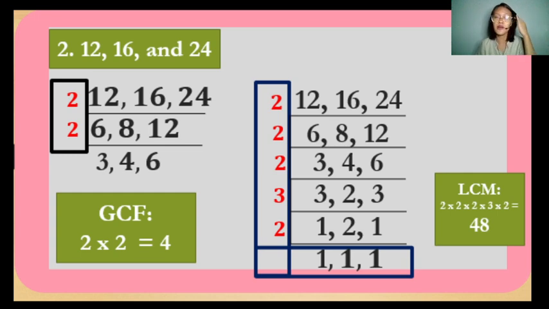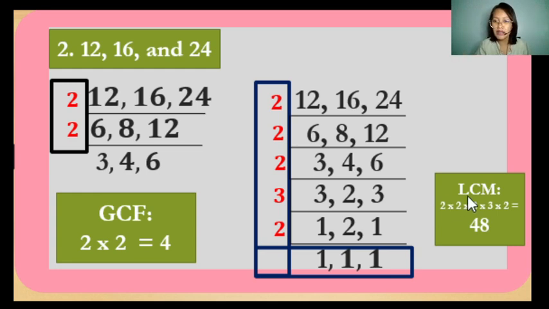Unlike doon sa first process natin kanina, kung matatandaan ninyo, we have 1 and 2. Teacher, bakit ganun? Bakit hindi mo siya dinivide by 2 ulit? So, pwede din naman siyang i-continue mo para maging parehas yung process nila, or pwede din namang paiksiin mo na, mag-stop ka na doon, kuhanin mo na lang yung product.